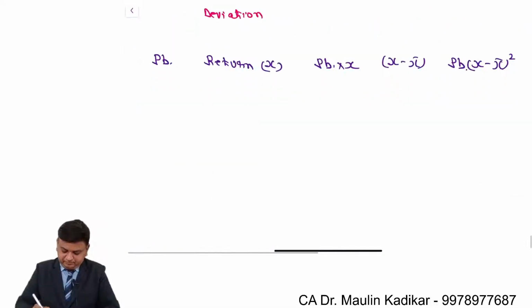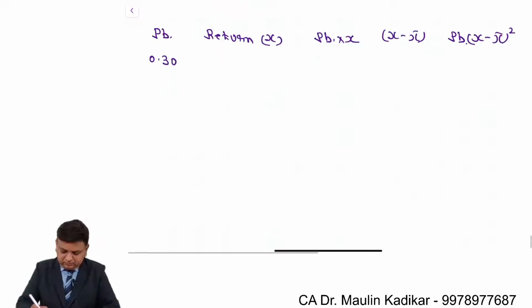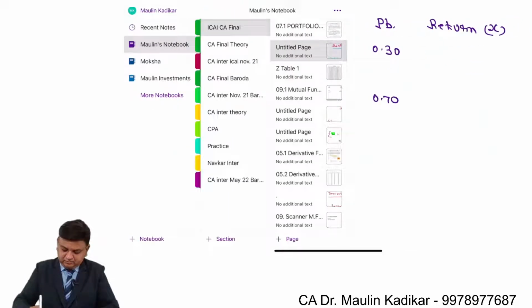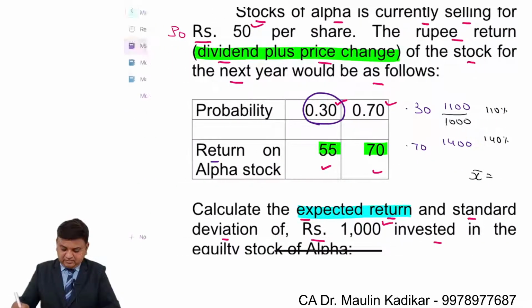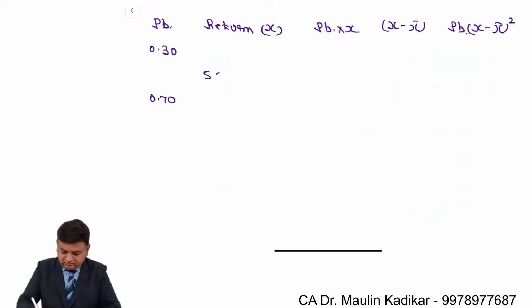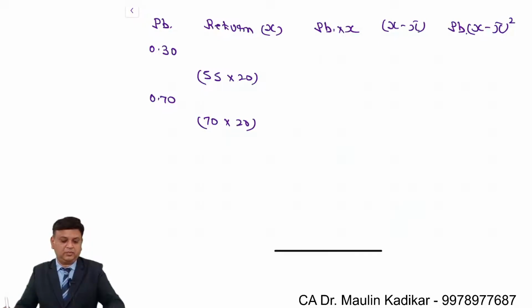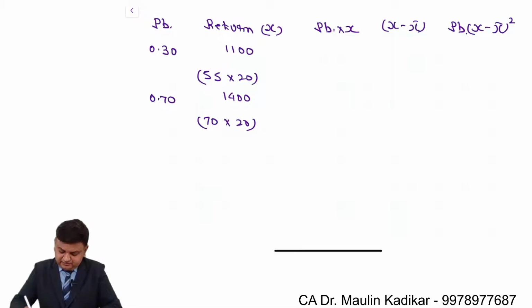Probabilities 0.30, 0.70, returns 55, 70. Number of shares are 20 and 20. 55 into 20 is 1100. 70 into 20 comes to 1400. 30% chances that the return will be 1100, so it comes to 330.